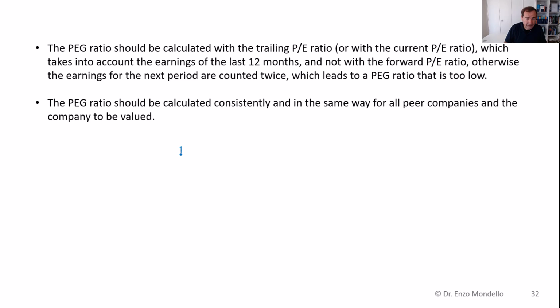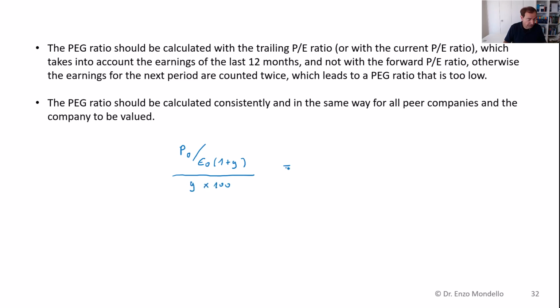So I'm writing down the forward PE ratio, and the forward PE ratio is the current price divided by the current EPS times 1 plus the growth rate. And that is divided by the growth rate times 100.